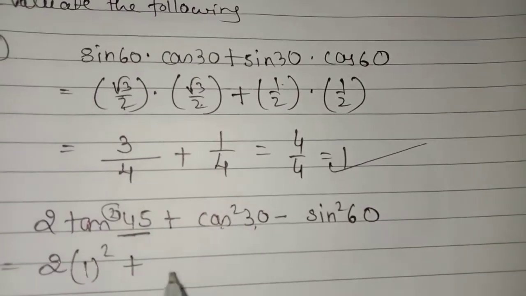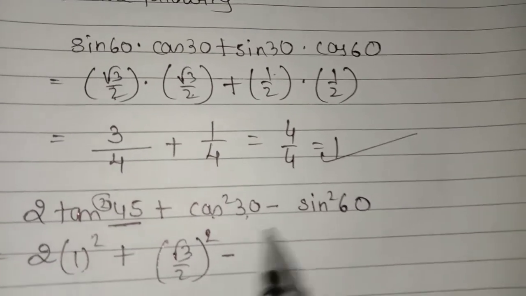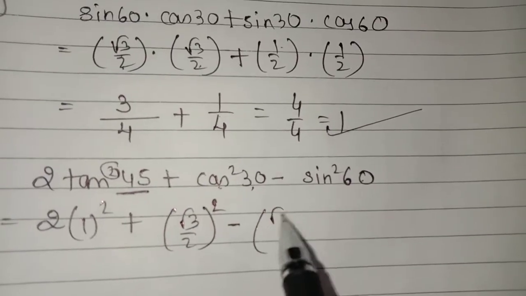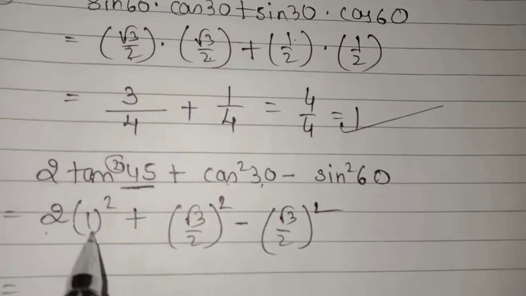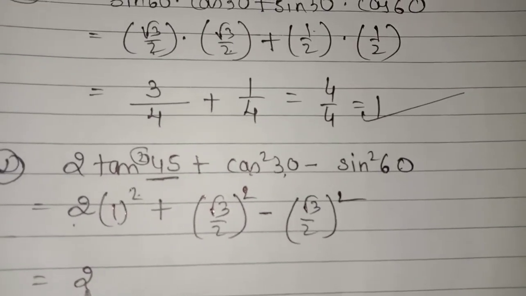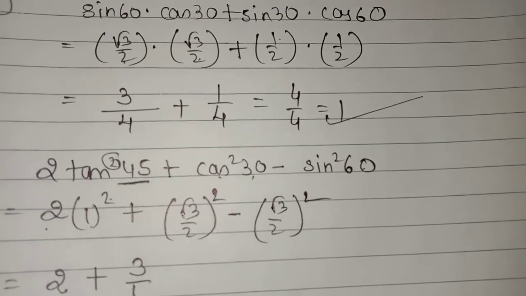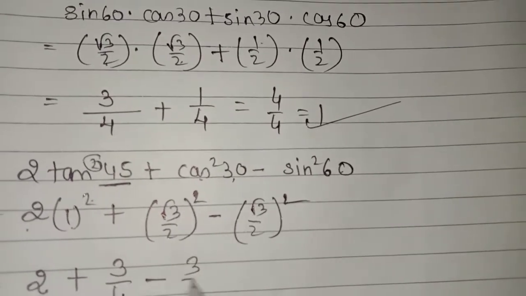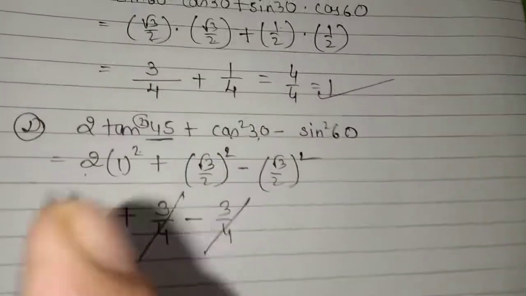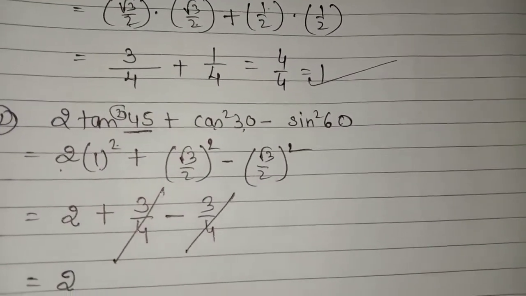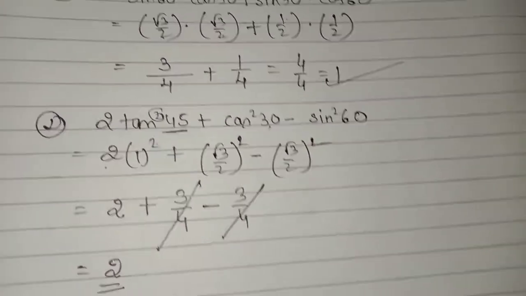Cos square 30, it is root 3 by 2 whole square, minus sin square 60, it is root 3 by 2 whole square. So 2 multiplied by the square of 1 is 1, 1 twos are 2, plus root 3 square is 3 by 4 minus 3 by 4. So simply 3 by 4 and 3 by 4 will cancel. So what will be your answer? It is equal to 2. So got it? This is the way to solve the numerical.